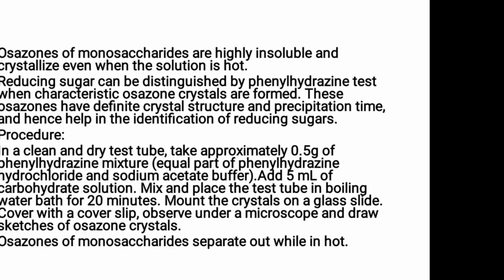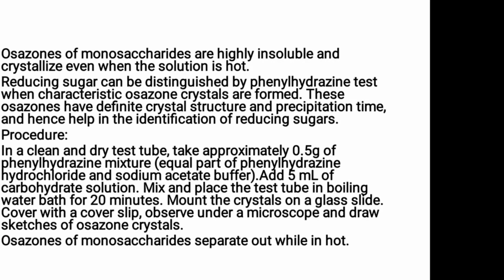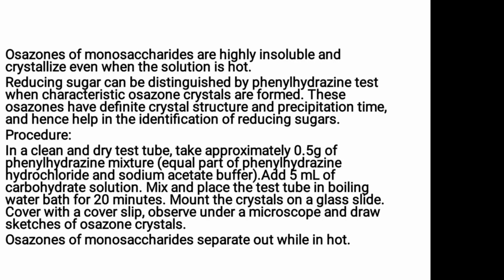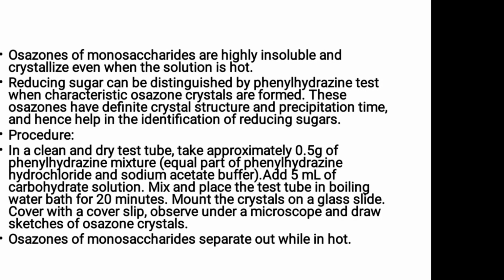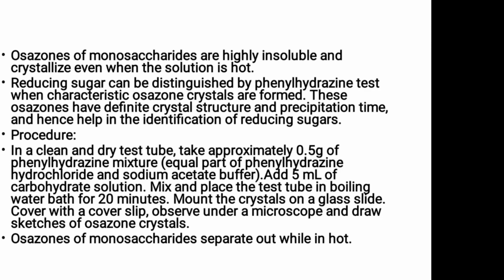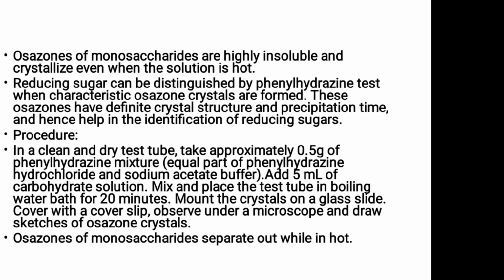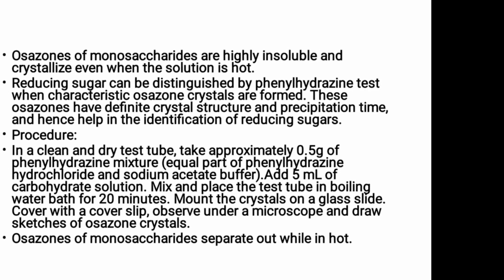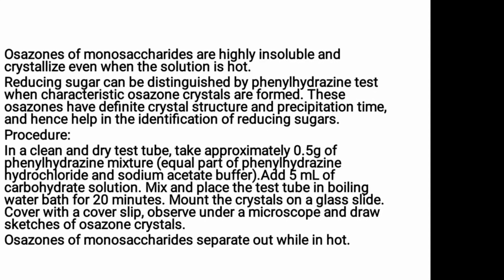Osazones have definite crystalline shapes. What we are doing in the osazone test is taking a mixture of phenylhydrazine, which is a solid, with sodium acetate buffer, that is 0.5 gram of phenylhydrazine mixed in equal part with sodium acetate buffer.